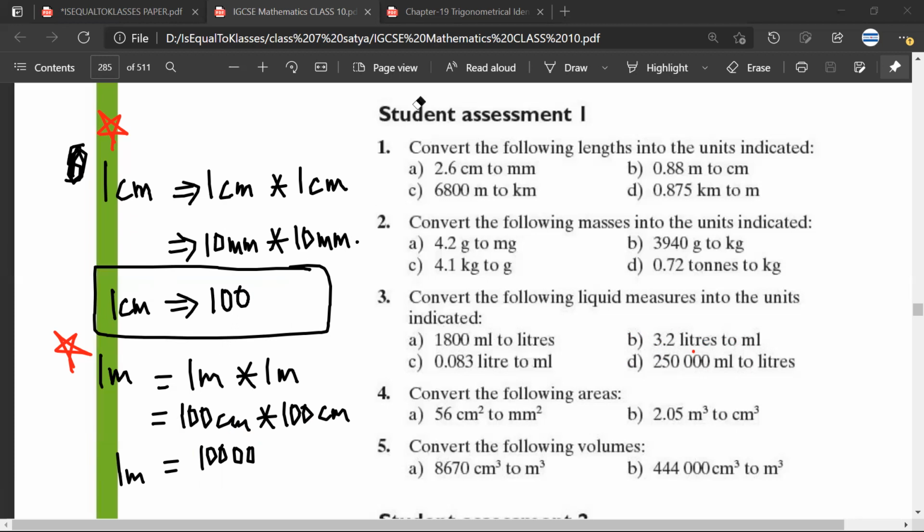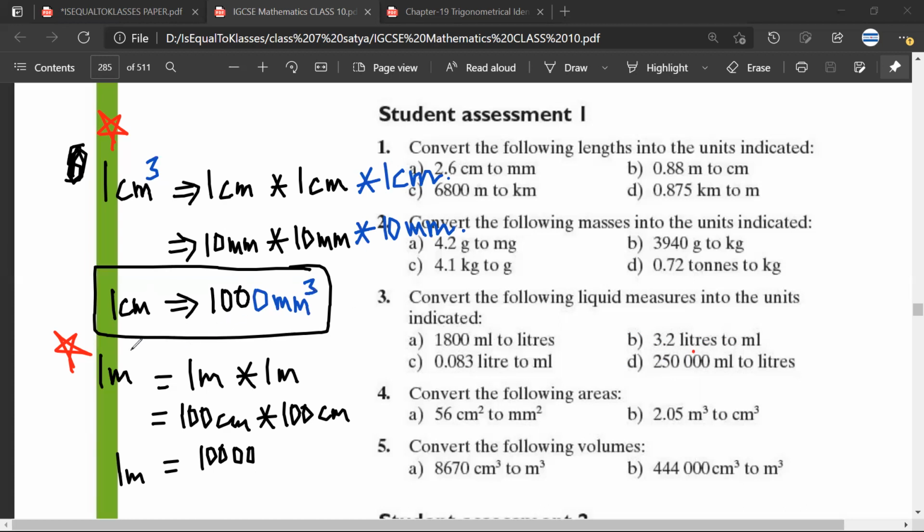We'll be using the same method for volume conversion also. So for example, I have 1 centimeter cube. That is 1 centimeter into 1 centimeter into 1 centimeter. This is 10 millimeter into 10 millimeter into 10 millimeter. This is equal to 1000 millimeter cube. Sarthak, any doubt? No, sir.